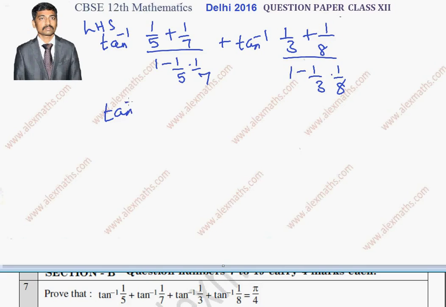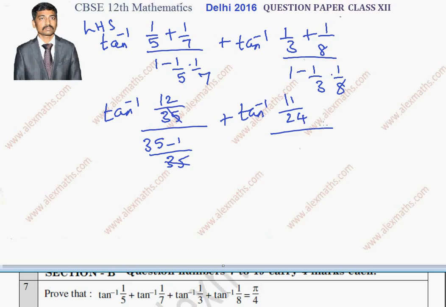Now the first term is going to become, after taking LCM, numerator 12 by 35 whole divided by 35 minus 1 whole divided by 35. So 35 we can cancel. In the same way, if I simplify this, it is going to be 11 by 24 whole divided by, after taking LCM, the denominator will become 24 minus 1, so 23 by 24.